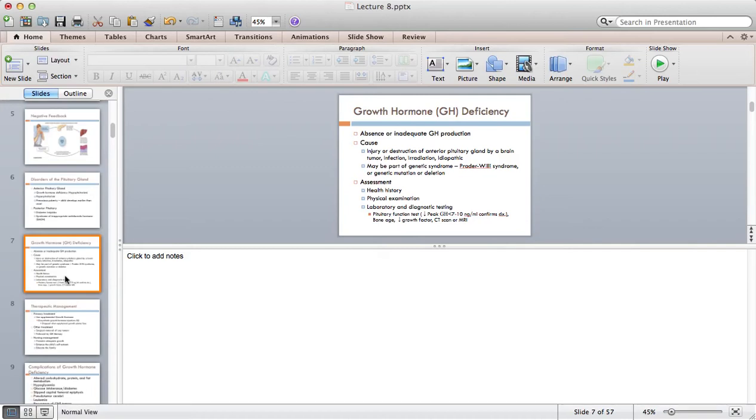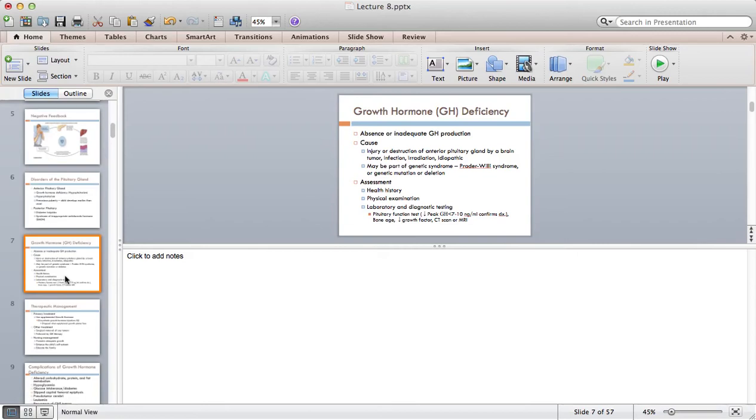So when you look at the child on the assessment, you try to plot the growth chart on your regular screening, height and weight, and the plotting of the growth, to see that the child's growth is not where it should be in terms of growth.